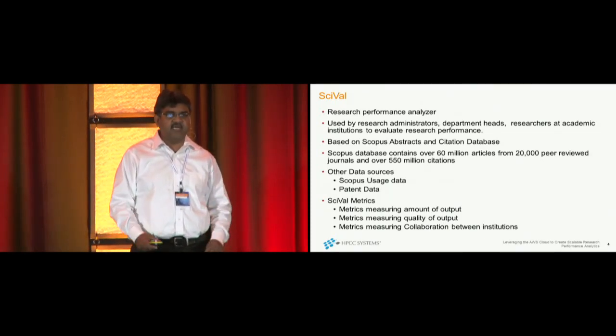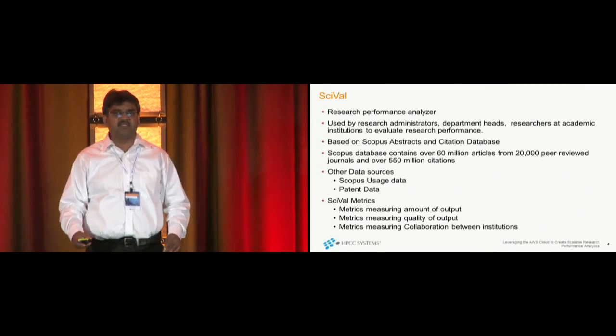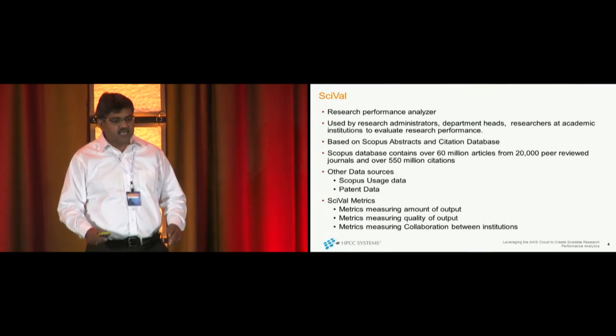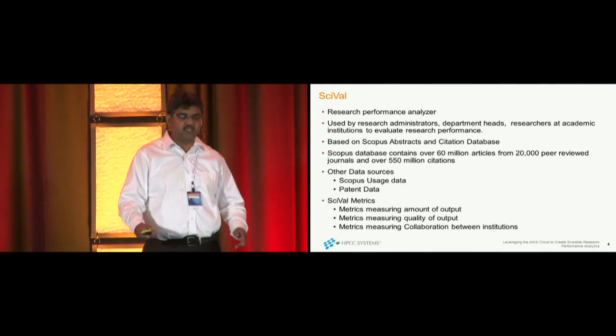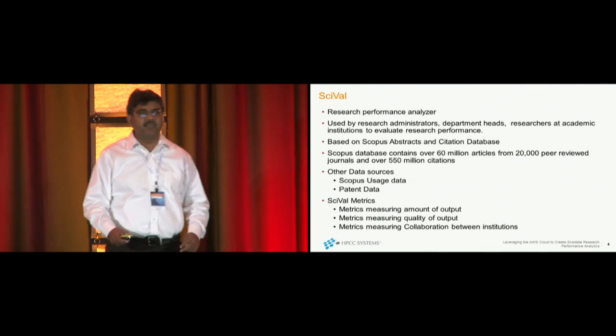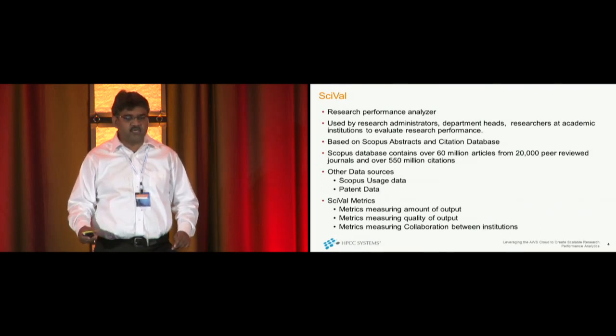This database contains over 60 million scientific articles from 20,000 peer-reviewed journals, and we also have 550 million citations that we process. In addition to Scopus data, we also use some other data sources like usage data. This is gathered by tracking the abstract view events from our other product from Elsevier called Scopus or Scopus.com.